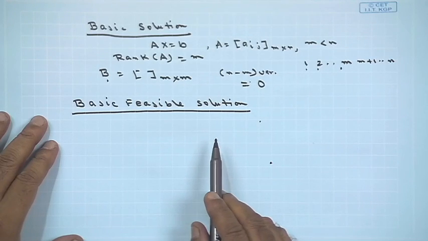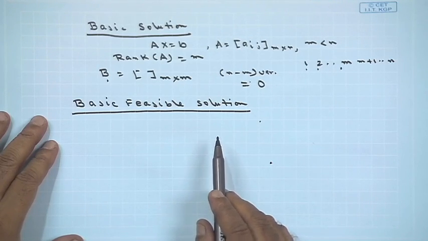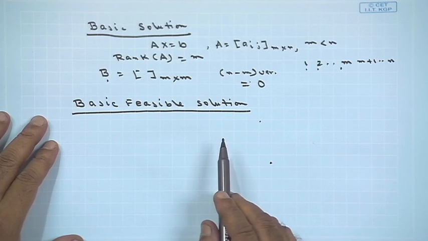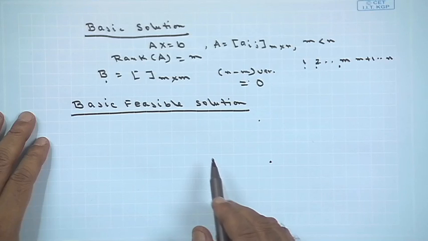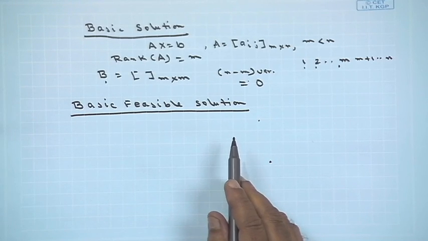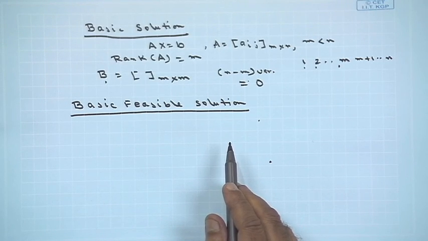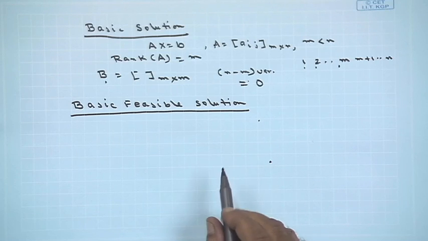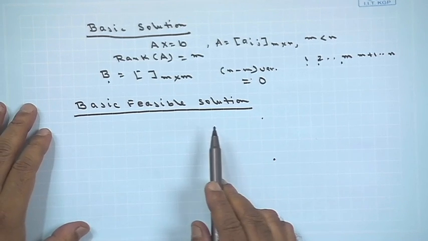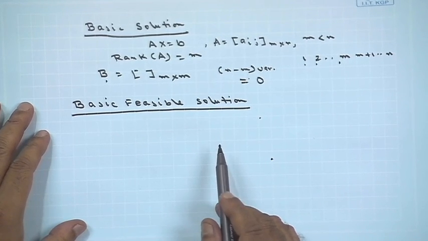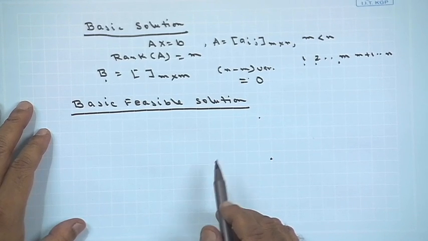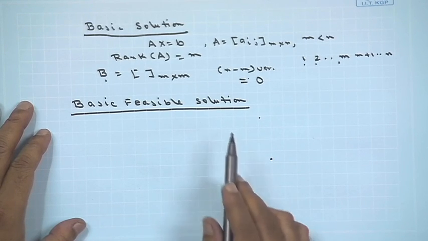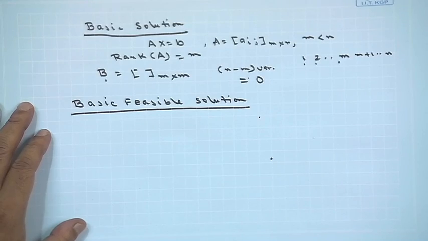So, a feasible solution to an LPP, if it is also a basic solution, then we call it a basic feasible solution. So, if a solution is a feasible solution of an LPP, and if it is also a basic solution, in that case we say that this is a basic feasible solution.